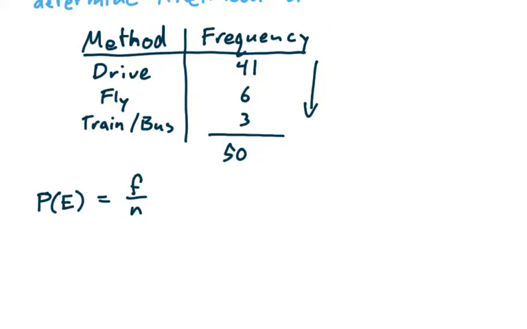So basically here, since we're using essentially a frequency distribution, we're going to say the probability of our event is the total frequency for that class divided by the total frequencies in that whole distribution.